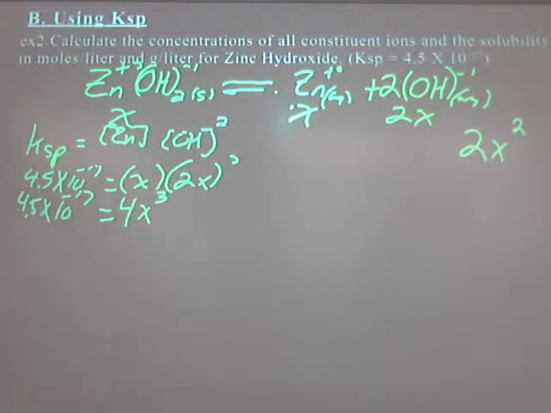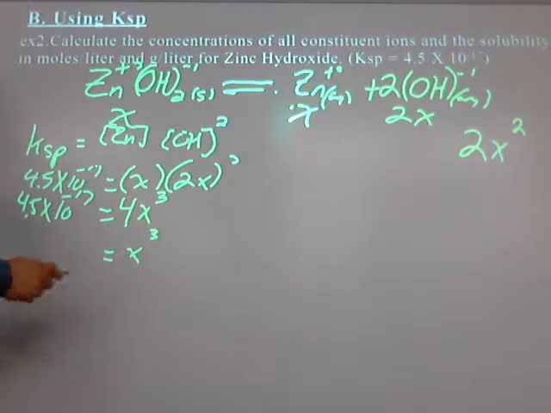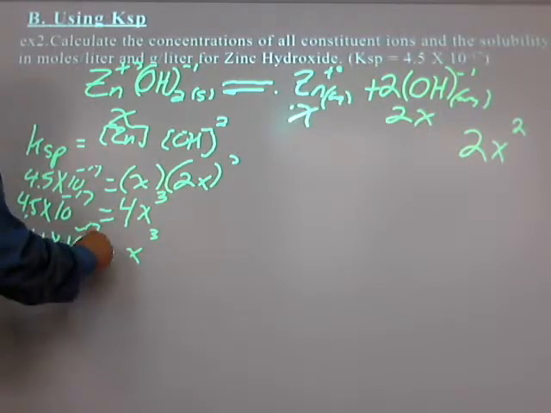Now, hopefully you all know how to, well, first of all, just divide by 4. So x cubed would equal what? 1 point something, 1.1 or something, times 10 to the -17. So 1.1 times 10 to the -17 is x cubed.